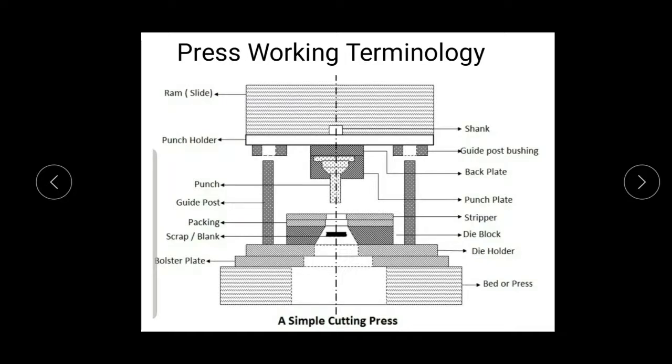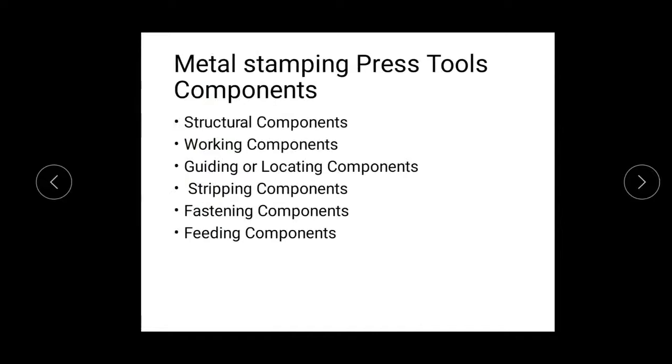Let us discuss the press tool components. So metal stamping press tool components. What are the different components? Press tool components may be divided into following categories: structural components, working components, guiding and locating components, stripping components, fastening components, and feeding components.